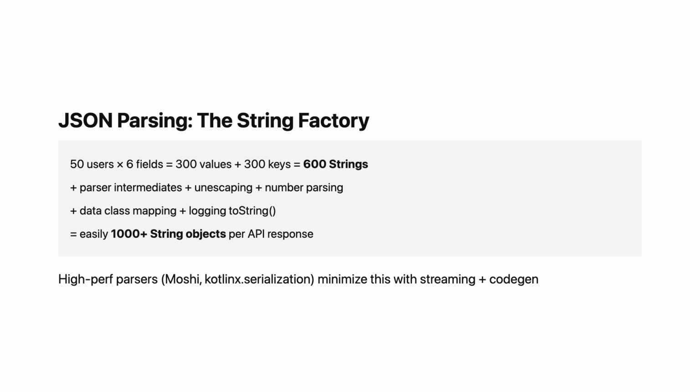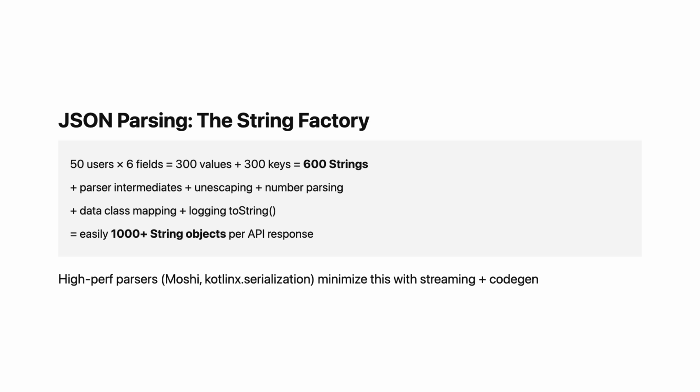That is 12 strings per user, 6 keys plus 6 values, times 50 users, that is 600 string objects just from the field parsing. But there is more. The parser might create intermediate strings for number parsing, for unescaping Unicode characters, for handling quoted strings. Then your code maps these into data class instances, potentially copying some values. Then you might log the response, generating toStrings.